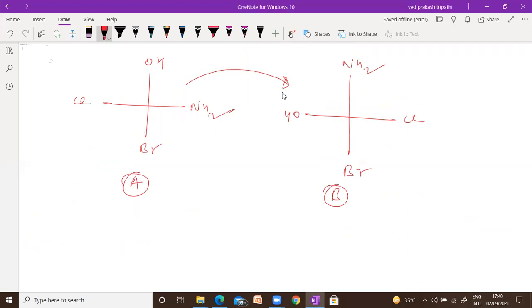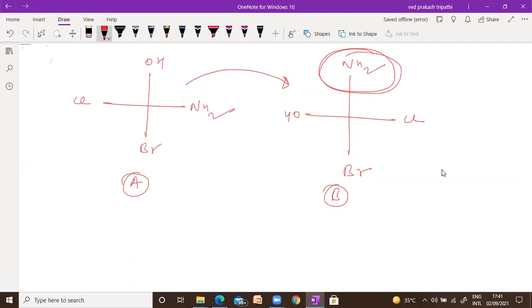Listen to me, how can we check? In B, NH2 is present on the top position.